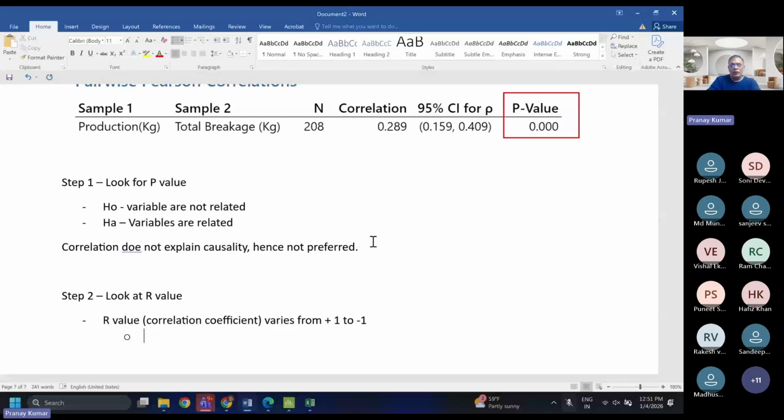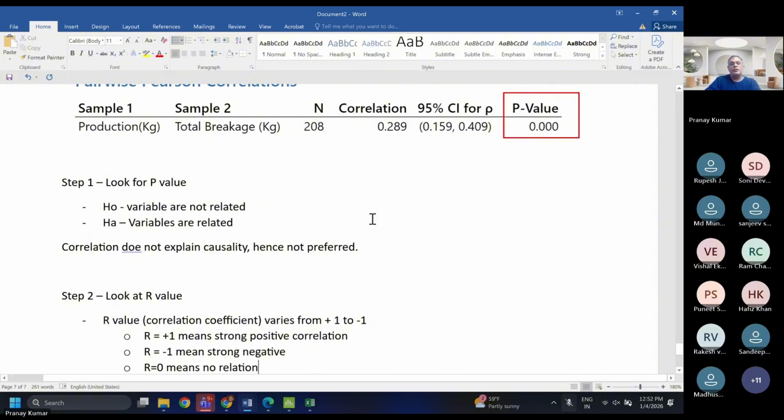R equal to +1 means strong positive correlation. R equal to -1 means strong negative correlation. And R equal to 0 means no relation.